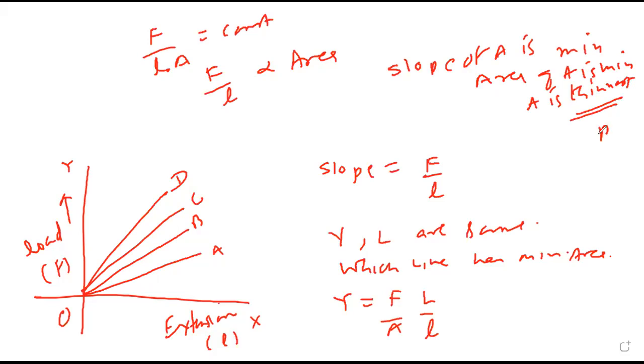Line OA is thinnest, option B. Whenever more than one graph comes, keep in mind, please start with slope relation.